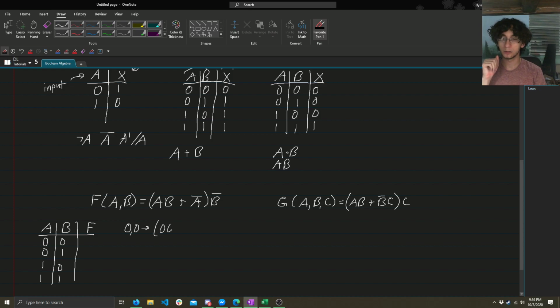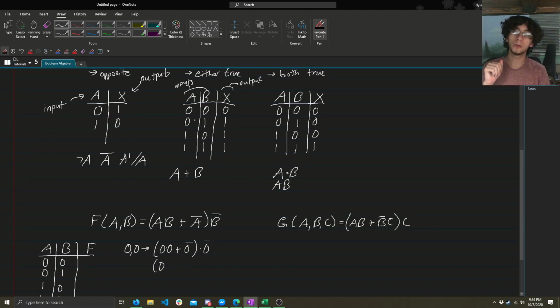So we've got 0 0 plus 0 not, and we're going to AND this with 0 not. Well, this first part will just be a 0, because if we look back at our truth table, we see that A and B, when they're both 0, we get a 0 here. So that's going to be a 0.